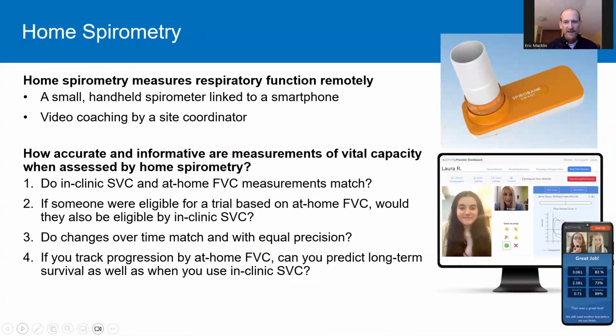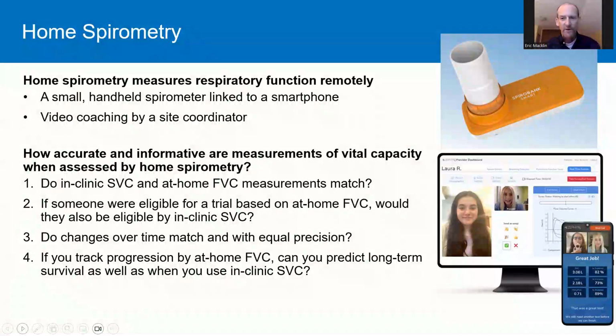So, as James already introduced, the spirometer is this little device that you blow into. It's connected by, I think, Bluetooth to a smartphone. And one of the nice features of the device that we chose for the platform trial is that it has a web interface or a smartphone video interface for the site coordinators to help coach that effort, to try to maximize the degree to which there's equivalence to its use at home as there would have been had the participant been able to come into clinic.